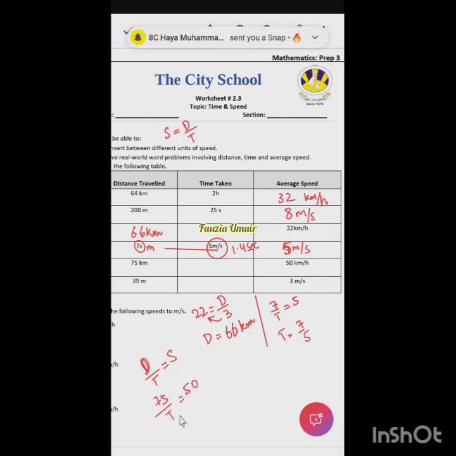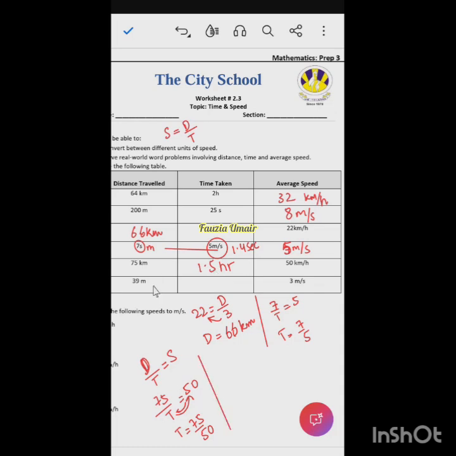If you rearrange it, take this t here and this 50 will go here. So simple linear equation, right? So t would be 75 by 50, which is 3 by 2, 1.5. Very good. 1.5 hour. If a vehicle is going with this speed and has to cover this distance, approximately 1.5 hour will be taken. That's what it means.